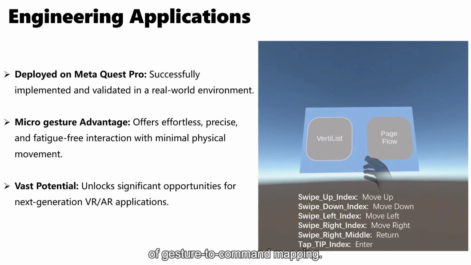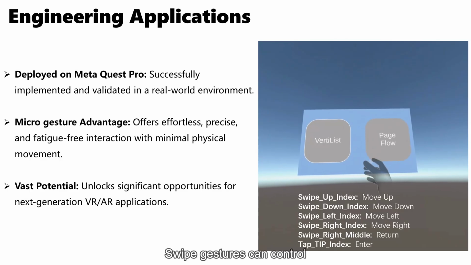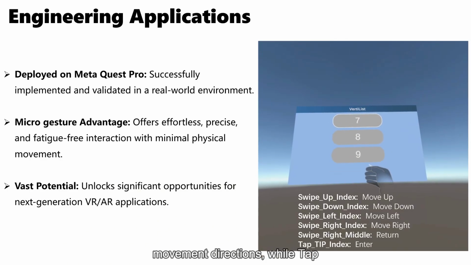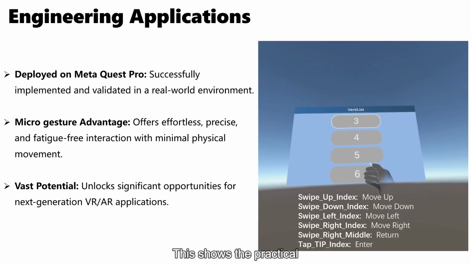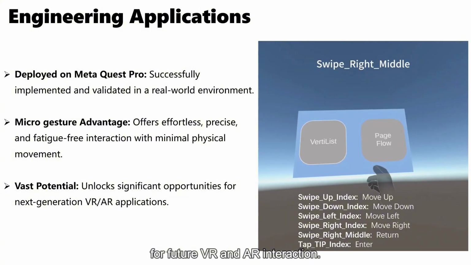Here is an example of gesture-to-command mapping. Swipe gestures can control movement directions, while tap can be used for confirmation. This shows the practical potential of OMG-Bench for future VR and AR interaction.